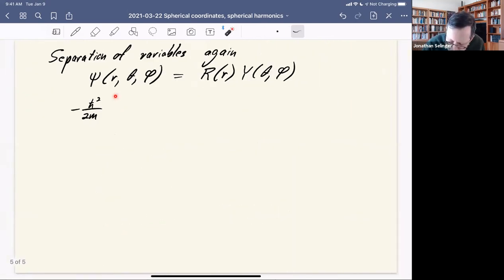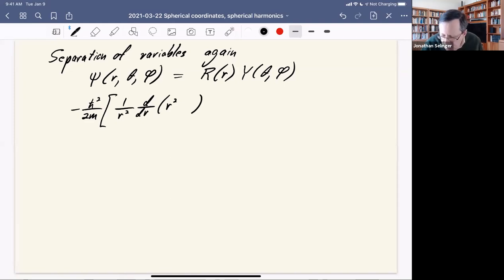So the first term is 1 over r² d by dr of r² times d by dr of the function.